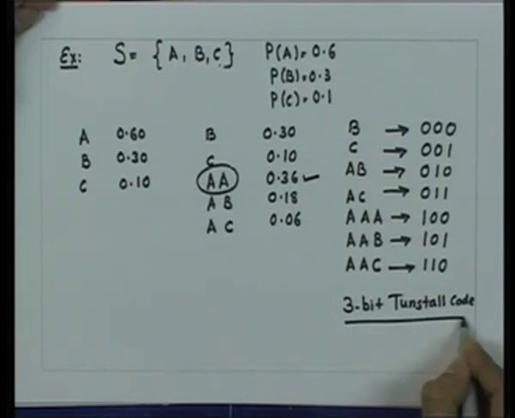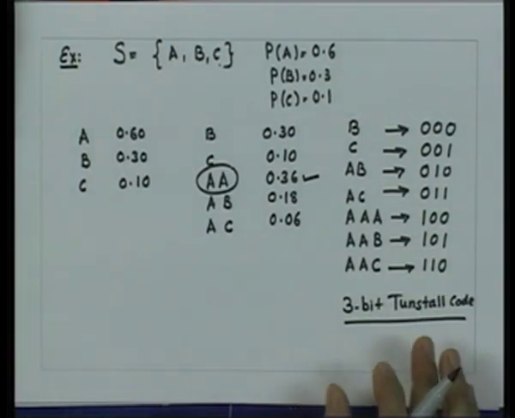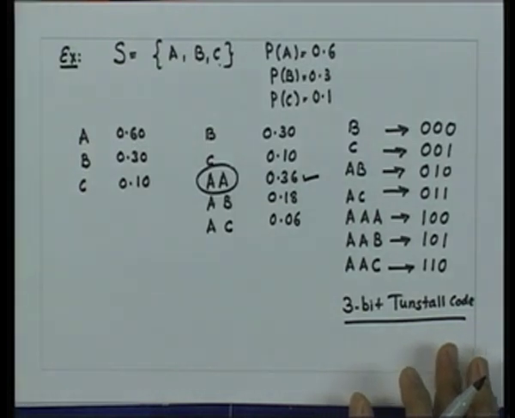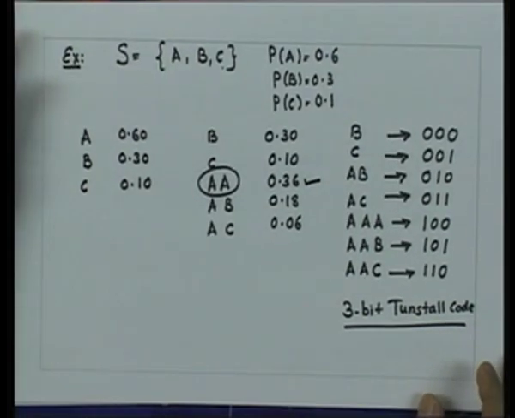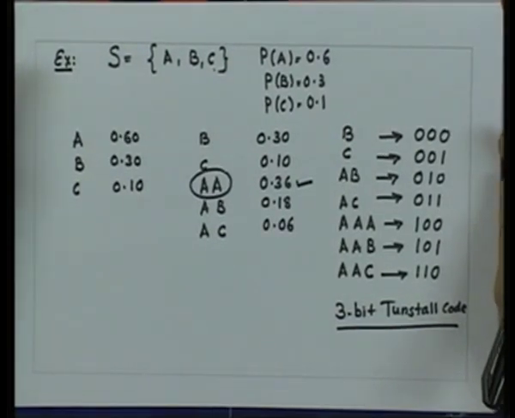So, using this 3-bit Tunstall code, you can again code the earlier sequence. So, we have looked at some of the coding strategies, and we have seen that Huffman coding is optimal, and it also requires the knowledge of the probabilities of the source sequence.